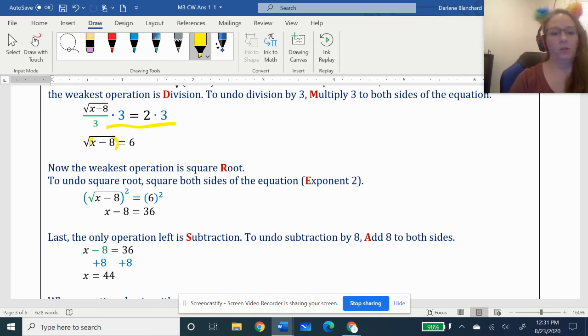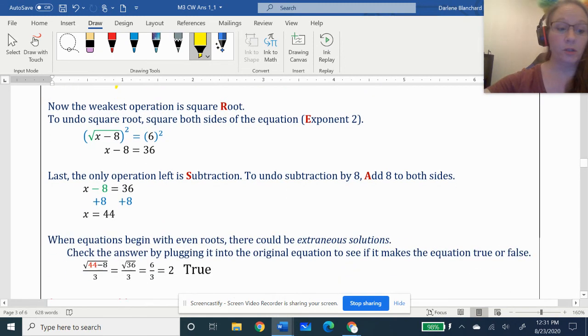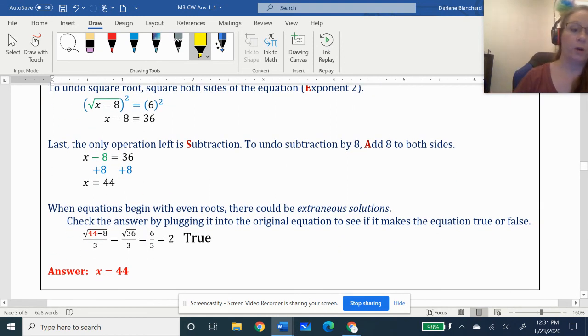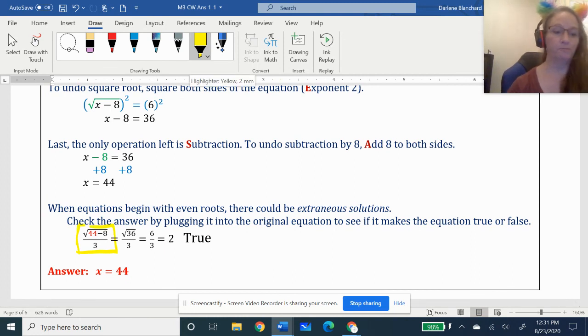So you need to know that if you square root both sides of the equations, you need that plus or minus. But if you square both sides of the equation, you need to double check your work by plugging in the answer you get into the original equation and see if it comes up true. And if it does, then you're good to go.